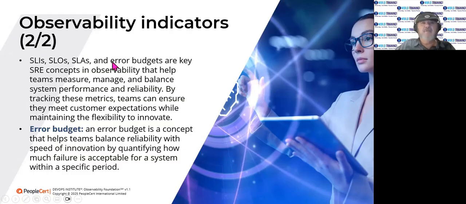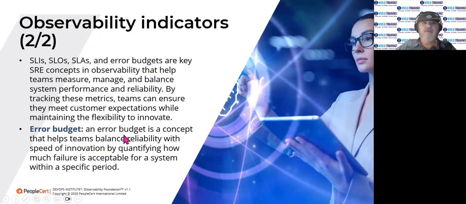But whatever the budget is, it's basically the difference between a theoretical 100% and your actual SLO target. So if you had an SLO of 99%, then the error budget would be 1%. So these are key SRE concepts in observability that help teams measure, manage, and balance system performance and reliability. By tracking these metrics, teams can ensure they meet customer expectations while maintaining the flexibility to innovate.